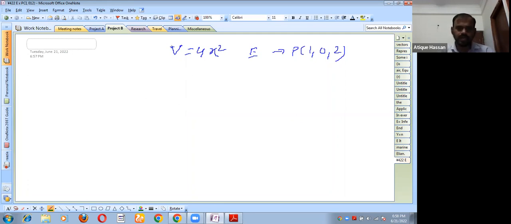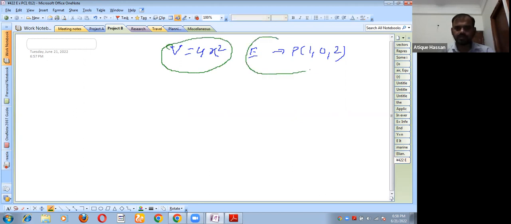Here you have been given the potential, and you have to find the electric field. It means you must apply a formula which relates electric field and potential.